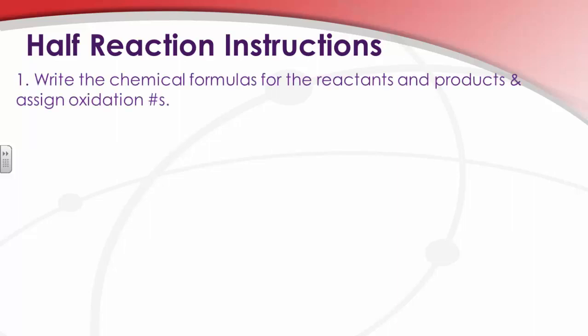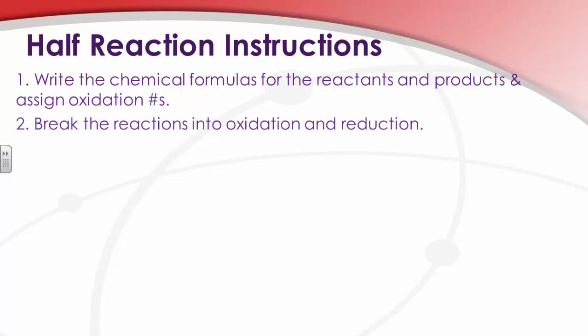Okay, so the basic instructions, and of course we're going to go through those step by step. The basic instructions, first off, write the chemical formulas for the reactants and products, and sometimes assign oxidation numbers. We'll start with the most complicated case, ironically, and use the oxidation numbers to track the electrons.